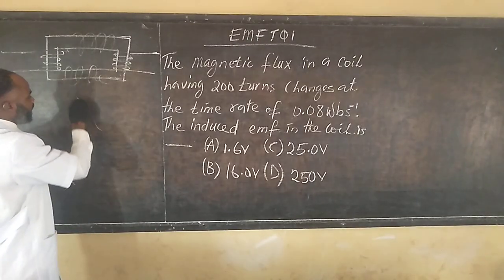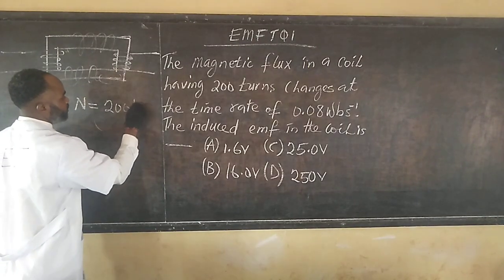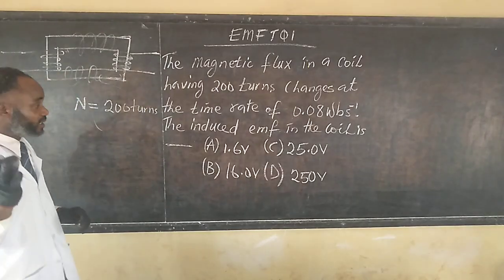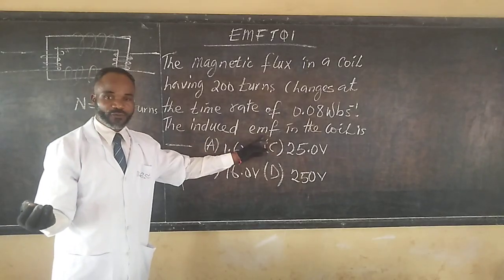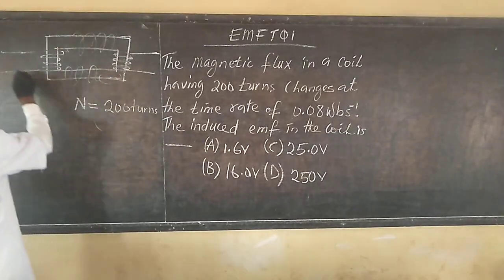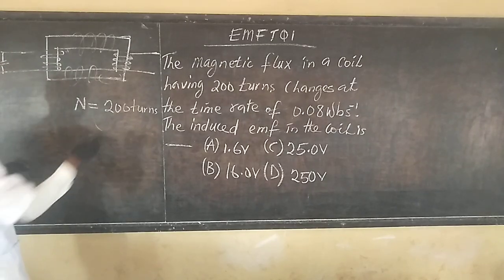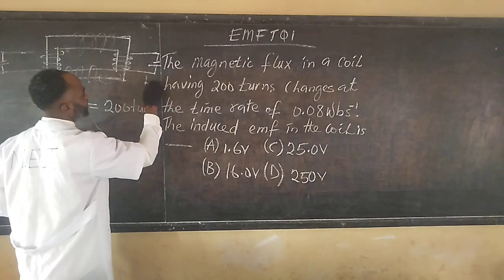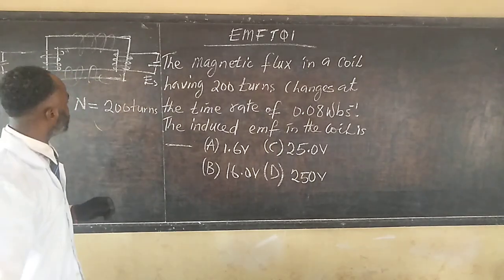The number of turns N is equal to 200 turns. The question is, what is the induced EMF? So if this is the supply mains EP, the primary voltage, this should be the induced voltage, which is ES. But that is not even what we are trying to say.